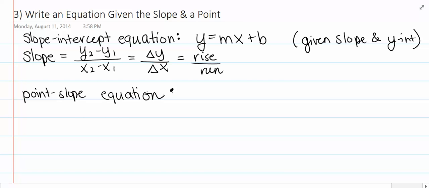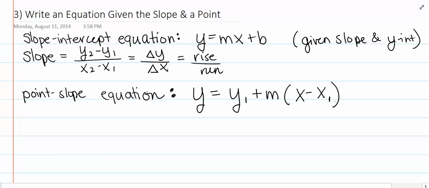And this comes from actually our slope equation, but it's y equals y sub 1 plus whatever our slope is times x minus x sub 1. And what you can do is you can usually change this into slope intercept.